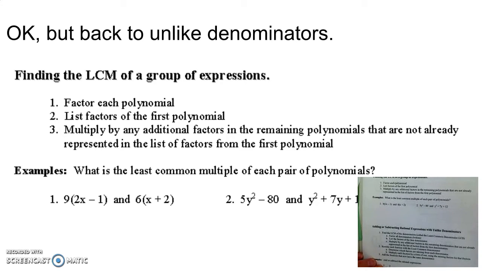We also learned how to figure LCMs of larger numbers by taking factors. Every factor that appeared even once was going to be part of the least common multiple. So we're going to do the same kind of thing with expressions. We're going to factor out the polynomials, list the factors of all the polynomials, then take all the common factors, and that will be our LCM.